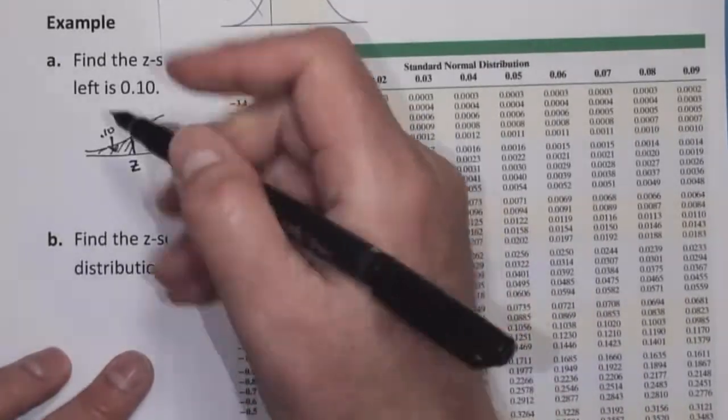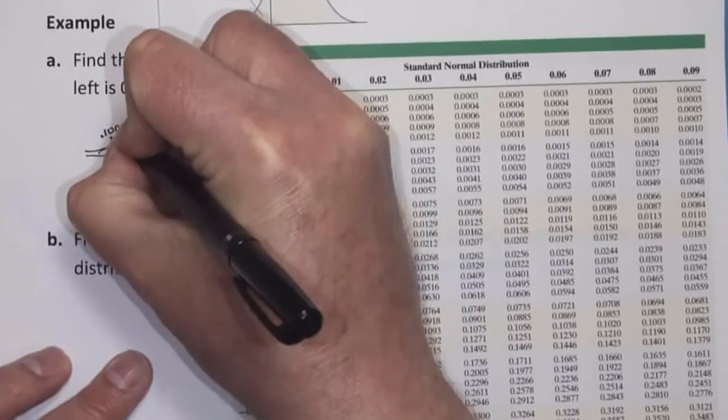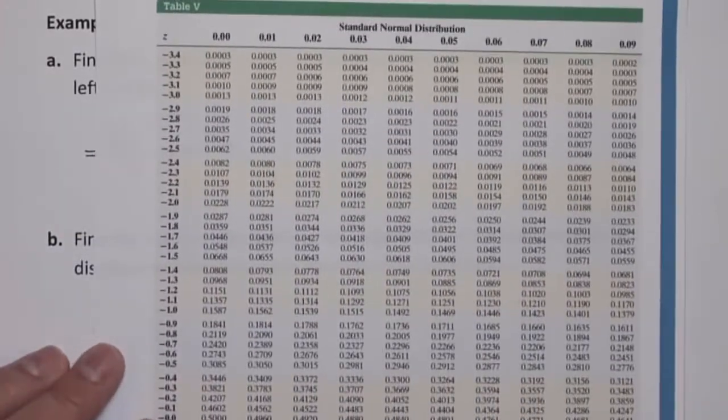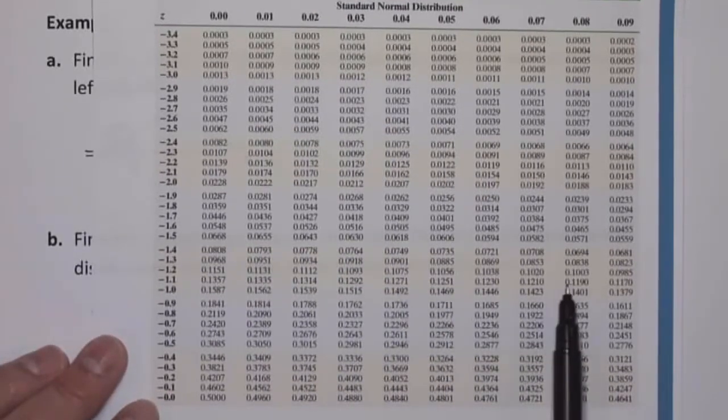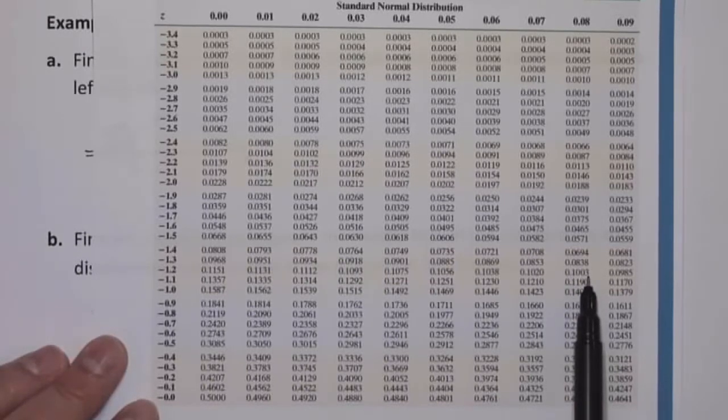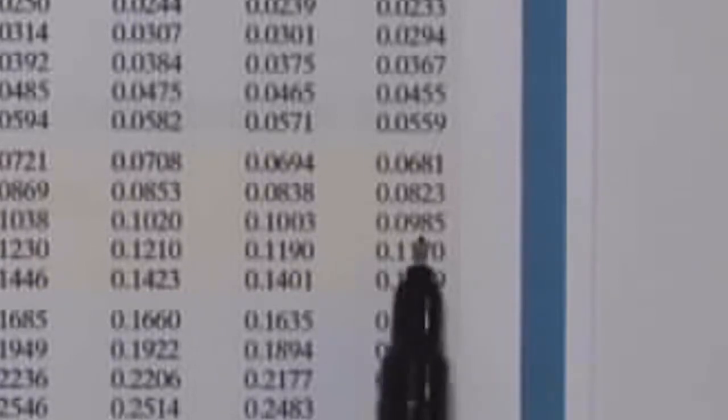Now 0.10 to 4 places would be 0.1000. So I want to look in here and find 0.1000, or the closest thing to it, and then find the z-score that corresponds to that. Looking inside this table, I see that we have 0.1003 and we have 0.0985.